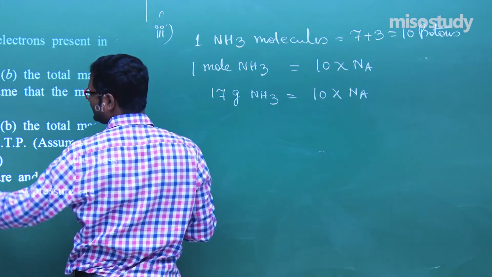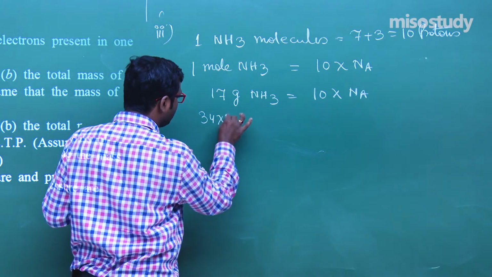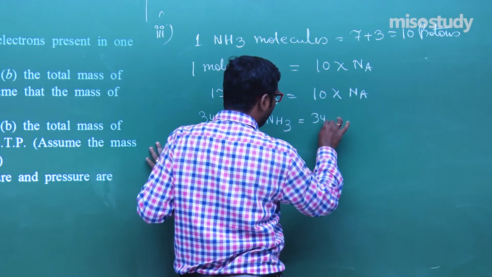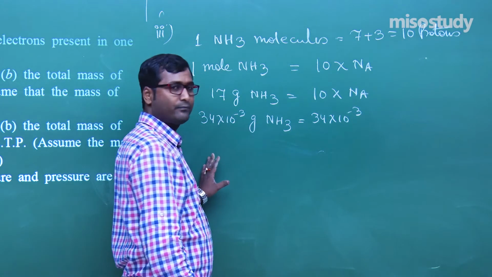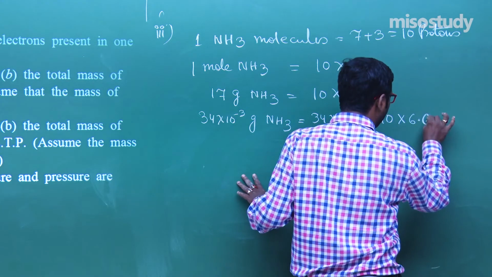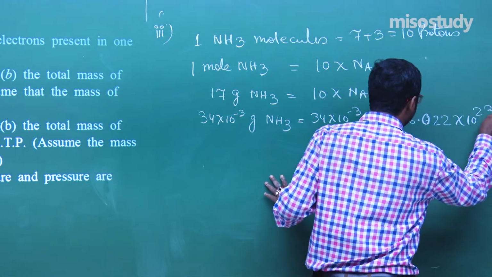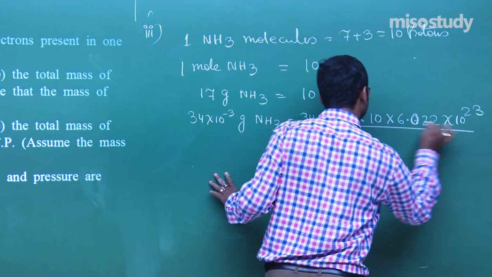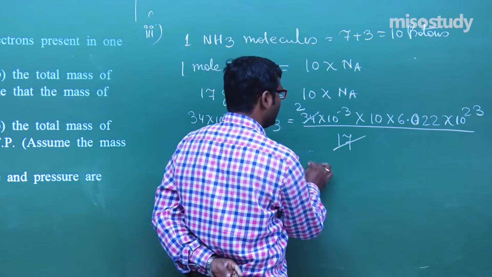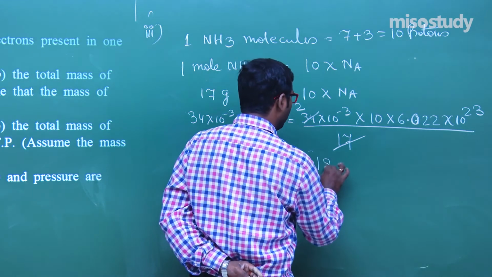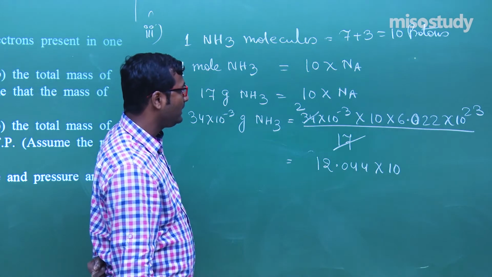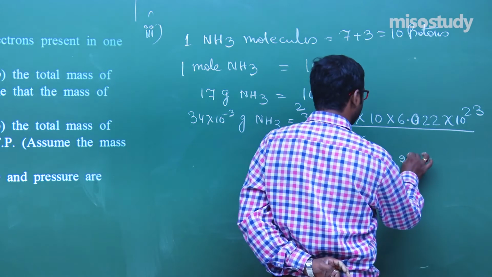So what is given here? 34 mg. 34 into 10 to the power minus 3 gram NH3 will contain 34 into 10 to the power minus 3, clear to you, multiplied by 10, multiplied by Avogadro number 6.022 into 10 to the power 23, divided by 17. 17 goes into 34, that is 2, and 10 to the power minus 3 gives minus 2. So 12.044 into 10 to the power 21.